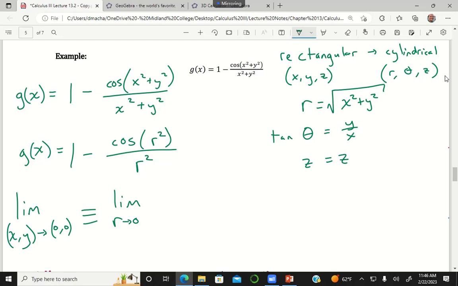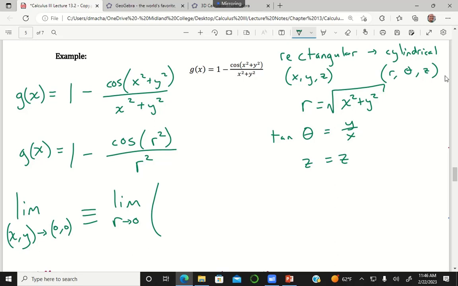And as long as I don't specify what theta is, this is a good generalized limit, saying we're approaching the origin from any direction. Theta can be whatever you want, so it doesn't matter, right? That's really cool because this is taking the limit from every direction. This is actually a way that, with some multivariable functions, you can prove that the limit does exist.